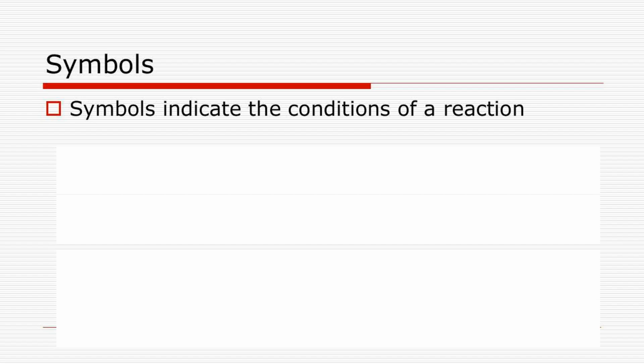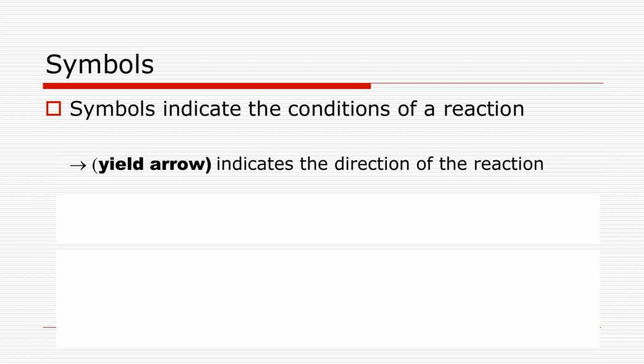All right. Now, some symbols that we use in chemical reactions. The first symbol is, you'll notice there's an arrow. Instead of an equal sign, we will use an arrow. We call this the yield arrow. And yield, in the terms that we're doing right now, means to produce.